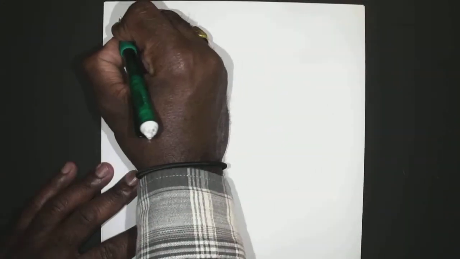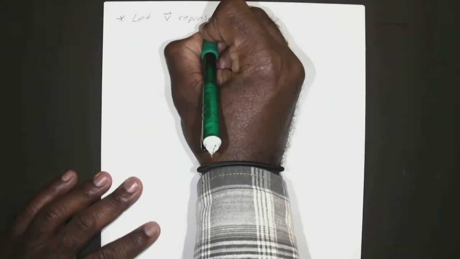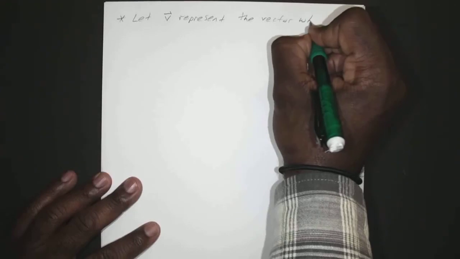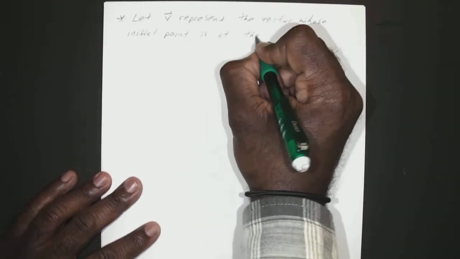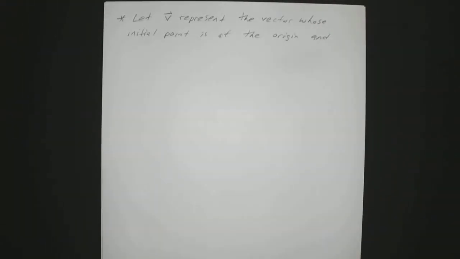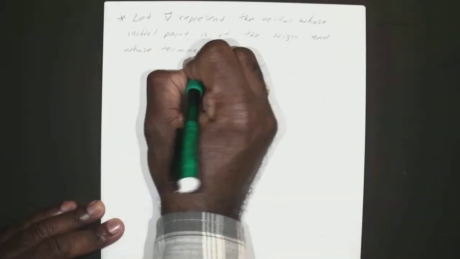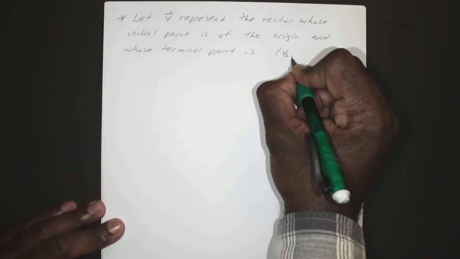Okay, so what if we let v, with a little arrow on top of it, represent the vector whose initial point is at the origin, and whose terminal point is, we'll call it v1 and v2.